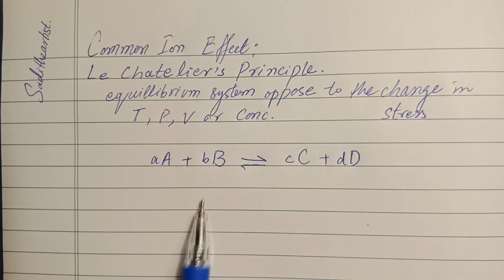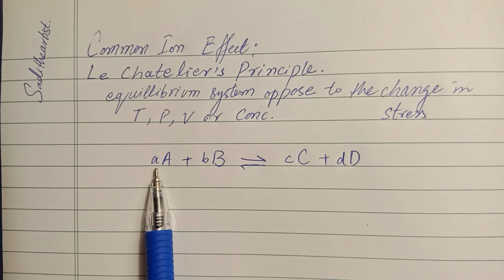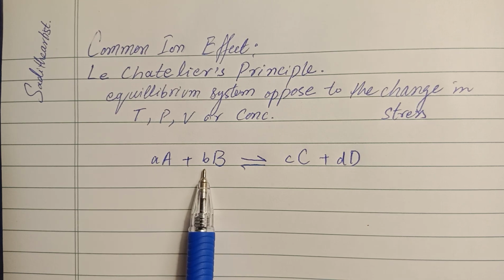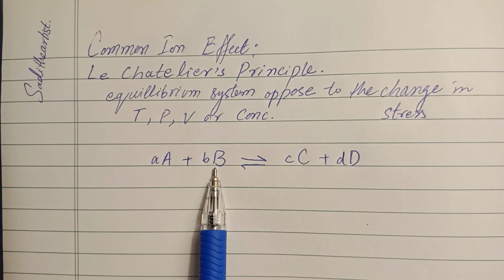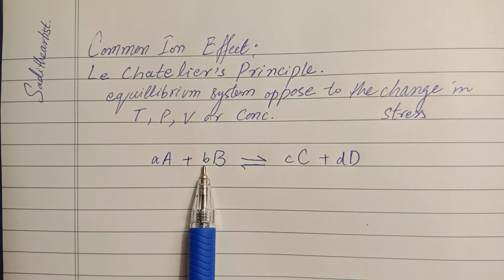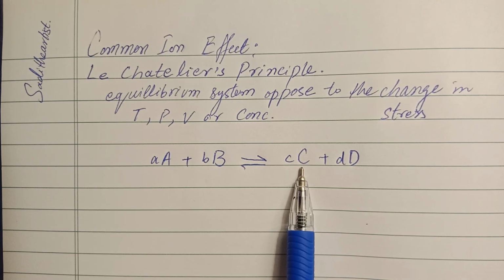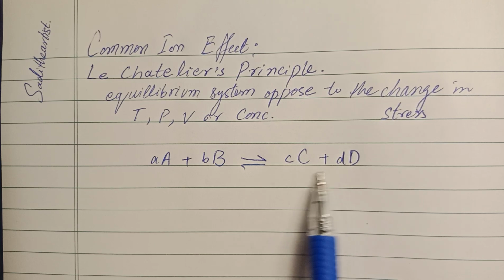For example, if we have an equilibrium reaction in which reactant A with number of moles a is reacting with reactant B with number of moles b, and changes to two products, C and D, with number of moles c and d.